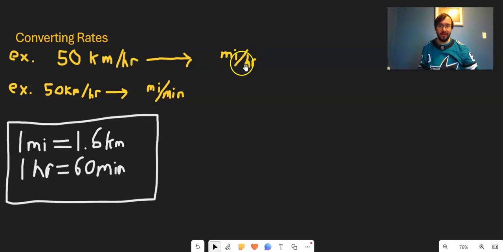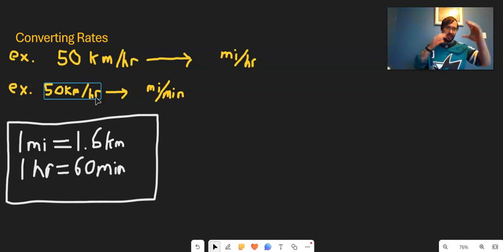Miles over hours, miles over minutes, kilometers over minutes. Everything we're working with today is fractions, okay? And the way we're going to approach these problems is to use those skills from the last video where we're converting units. We're pretty much going to be doing two separate conversions where everything's lined up nicely as a fraction.